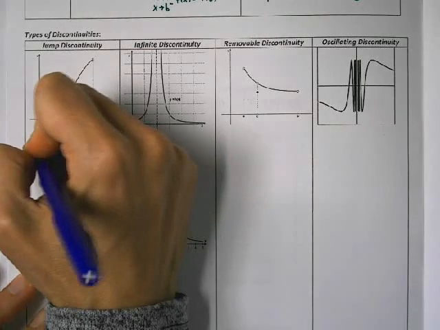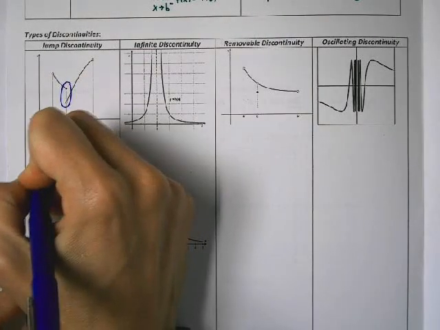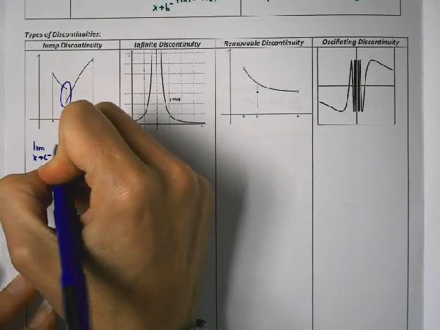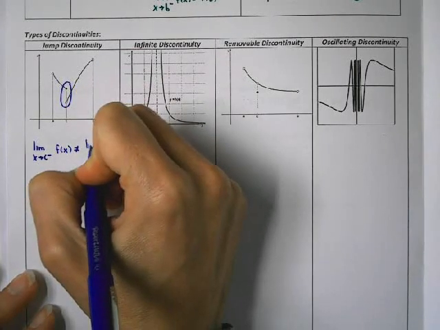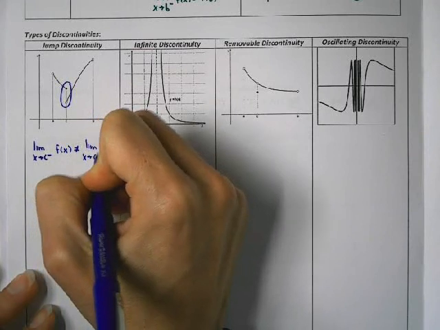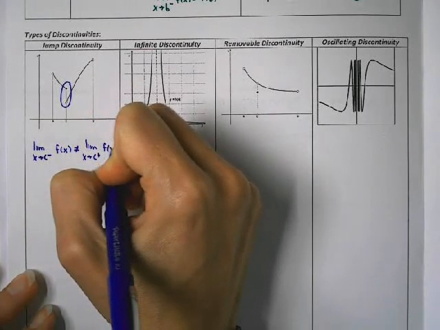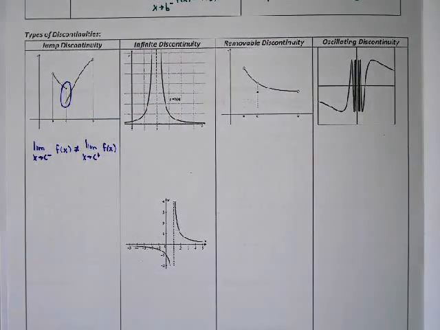It's really easy to see here that the limit as x approaches c from the left of f of x is not equal to the limit as x approaches c from the right. Because we failed that limit condition, we don't even need to worry about the actual value of the function because we know already we're not going to be continuous.